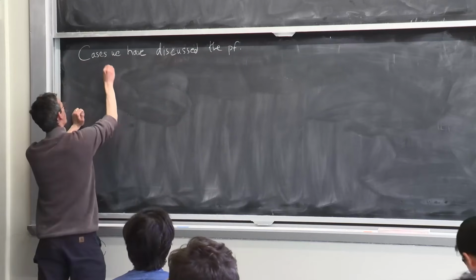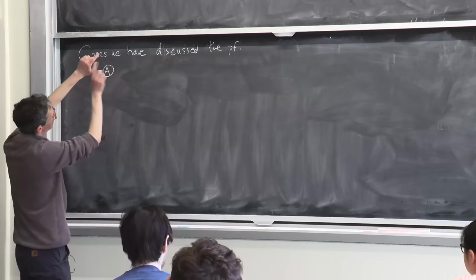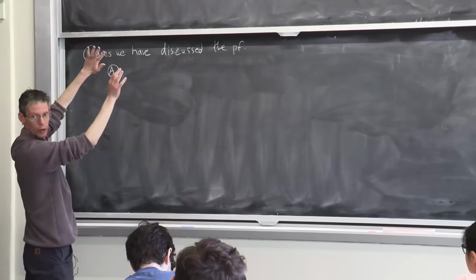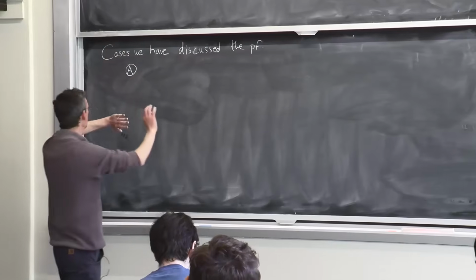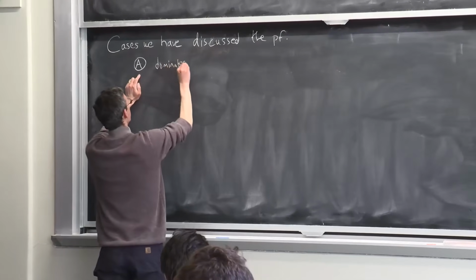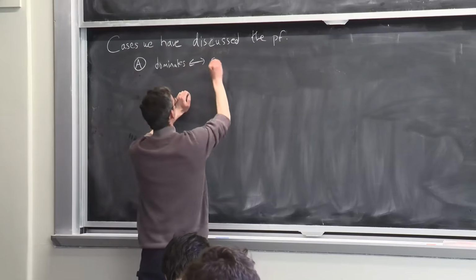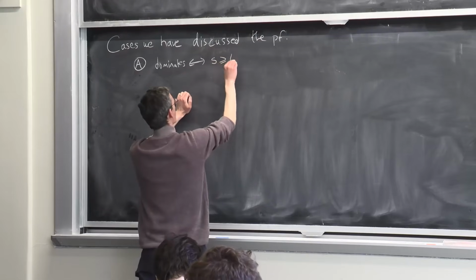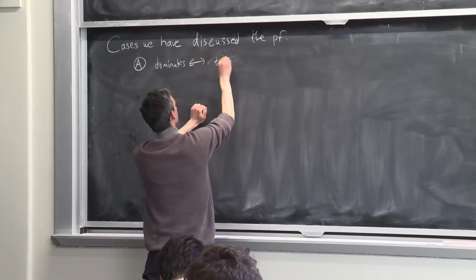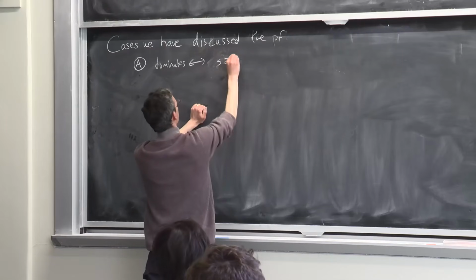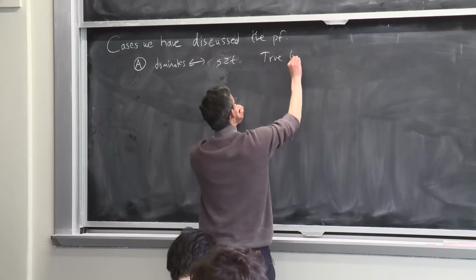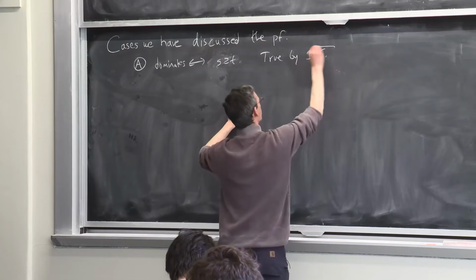There are these A, B, and C scenarios, and so we should sort this theorem according to who's bigger, A or B or C. So A dominates if and only if S is greater than or equal to T. And in this case, it's true by a double counting argument.